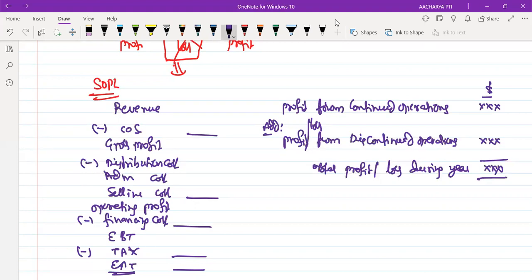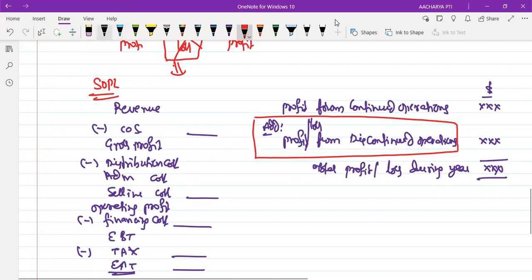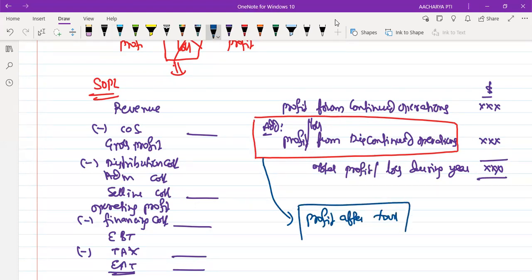This means we show the profit or loss from the discontinued operation as a separate line, added to the profit from the continued operation. What we add here is the profit after tax, so only the profit after tax from the discontinued operation is added.